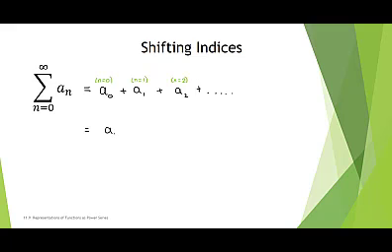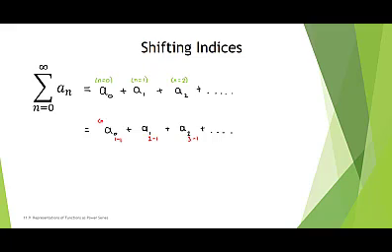But what if we have exactly the same sum, but we imagine the n values differently? So what if I tell myself, well, I can write 0 as 1 minus 1, and I can write 1 as 2 minus 1, and I can write 2 as 3 minus 1.